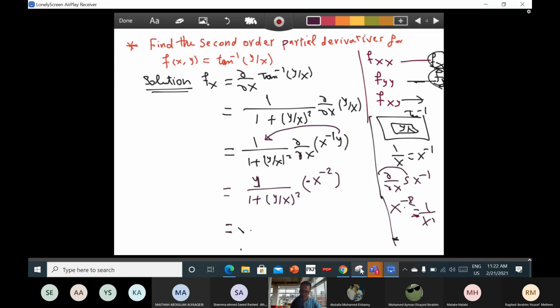So I will have minus y over 1 plus, I can expand this one, and here I multiply by x squared. When you multiply x squared inside this, what do you have? I have x squared plus y squared, because this one will be cancelled with this one when I multiply inside, right?